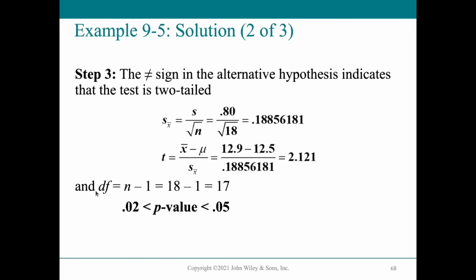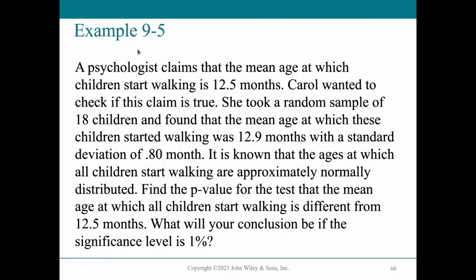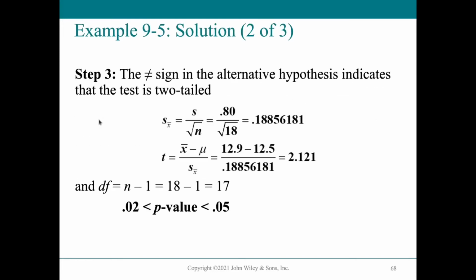Our p-value is calculated using our t-statistic. Here's our t-value. From our t-table we need the degrees of freedom: what is our n? Our n is 18, we have 18 elements in our sample.